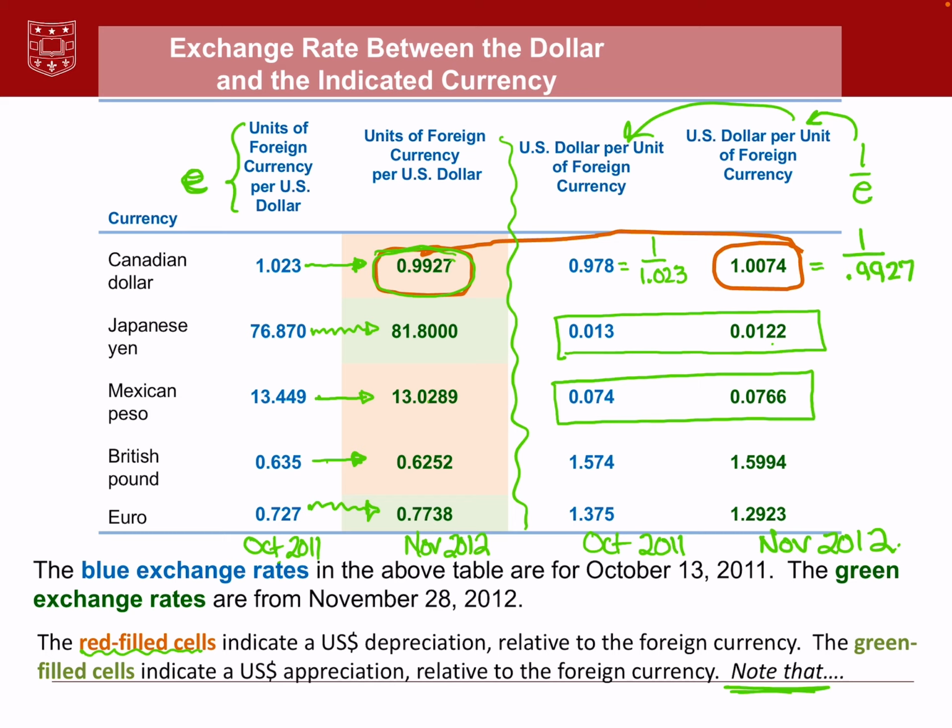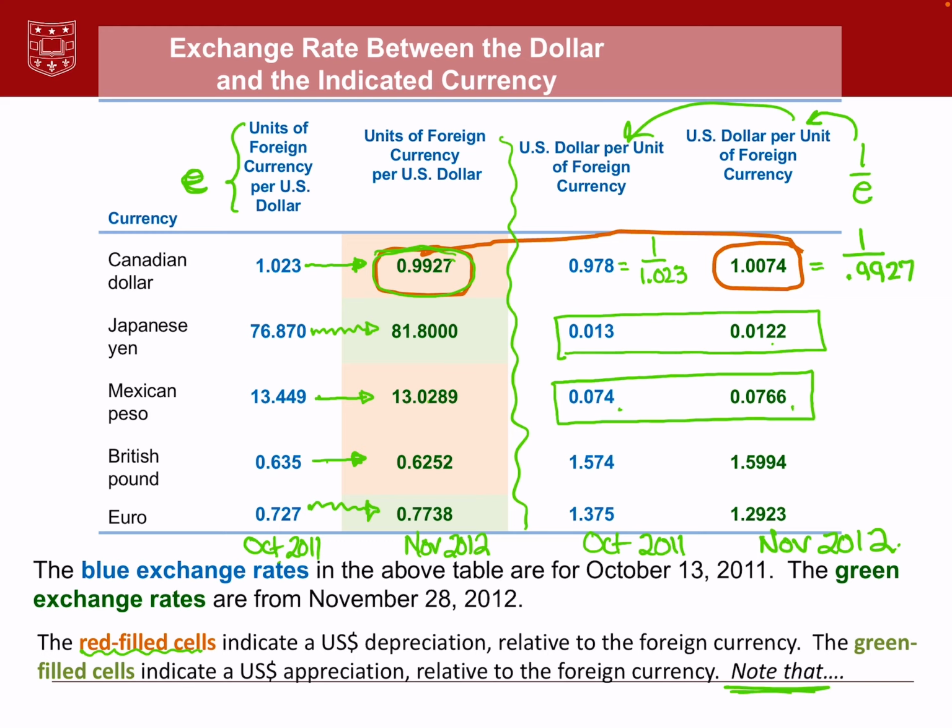And then as well, just to try and be as clear as possible, where the dollar is depreciating relative to the Mexican peso, the peso is appreciating relative to the dollar. So initially in 2011, it was not quite 7.5 cents per Mexican peso. In 2012, it was more than 7.5 cents per Mexican peso.